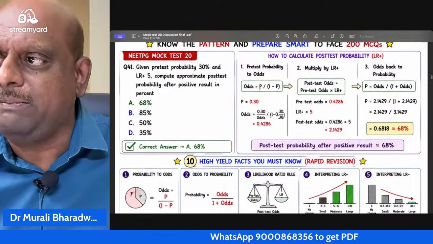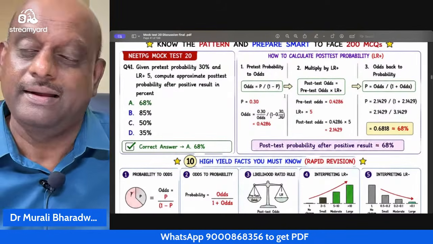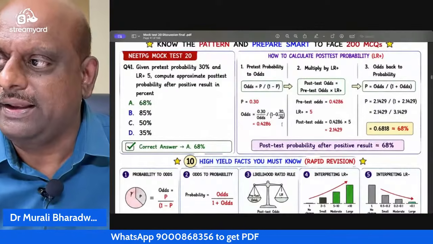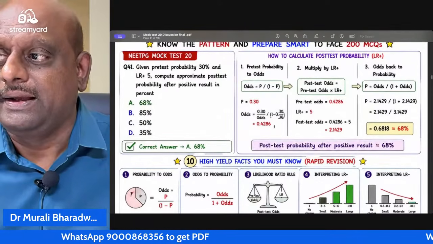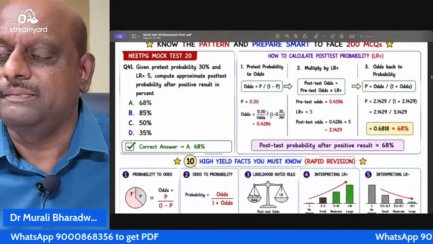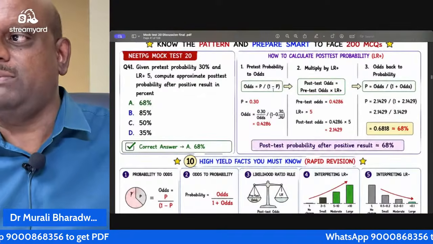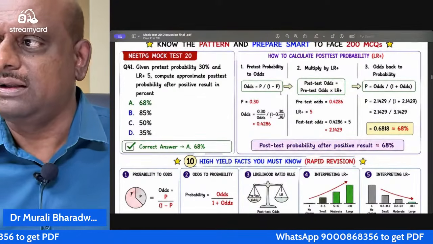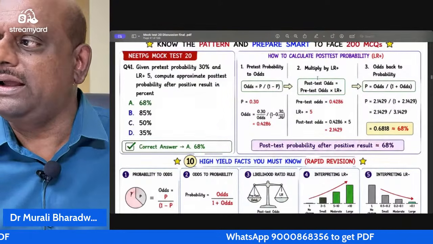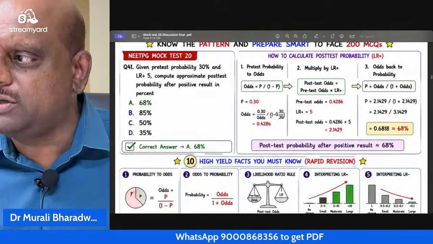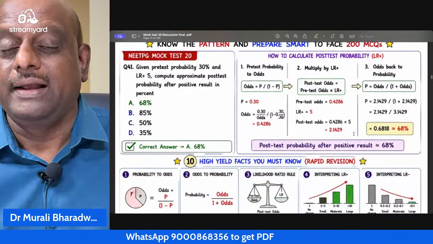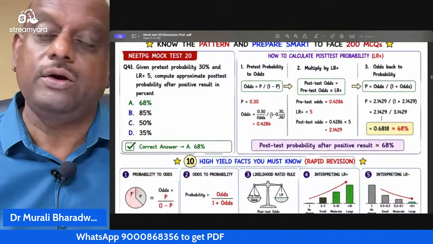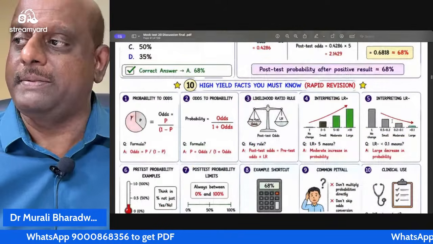Odds is equal to P by 1 minus P. So here it is 0.30 over 1 minus 0.30, and you multiply with likelihood ratio. That's how you basically calculate the post-test probability.